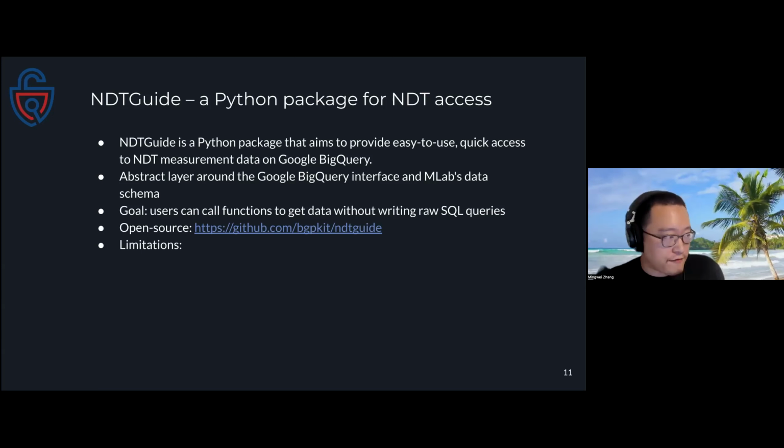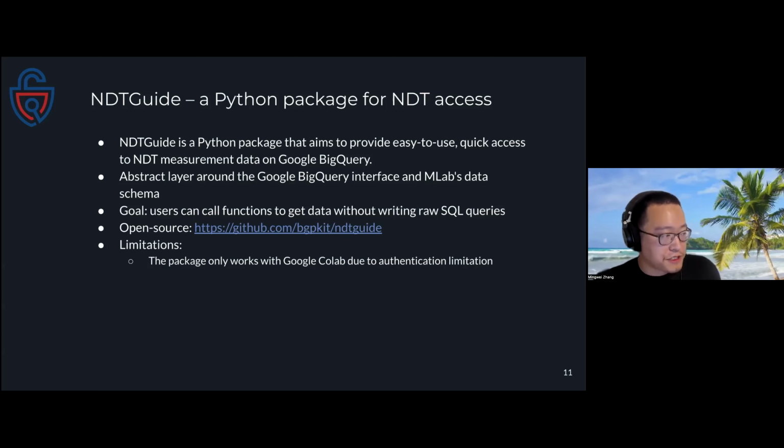There will be a demo after this slide, but I wanted to mention some limitations. This package only works with Google Colab for now, because of the way that Google BigQuery authentication works. I initially wanted it to authenticate users without any human intervention, but it turns out that you always need a Google service account for that, which I find rather inconvenient. There are potentially some hacks that can be done, but I haven't spent too much time on that.